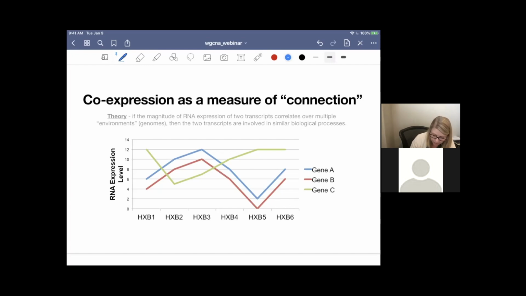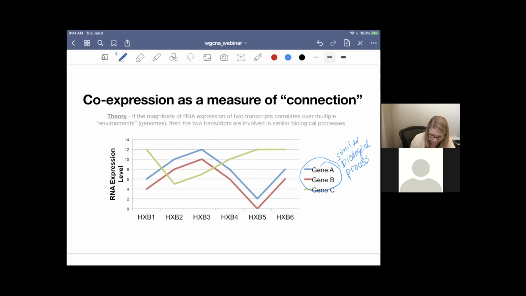So the concept here, or the theory here, is that gene A and gene B may be related to similar biological processes, since they tend to react to different environments. And genetic background here is our genetic environment. In a similar manner, then they most likely have some similar functional role.